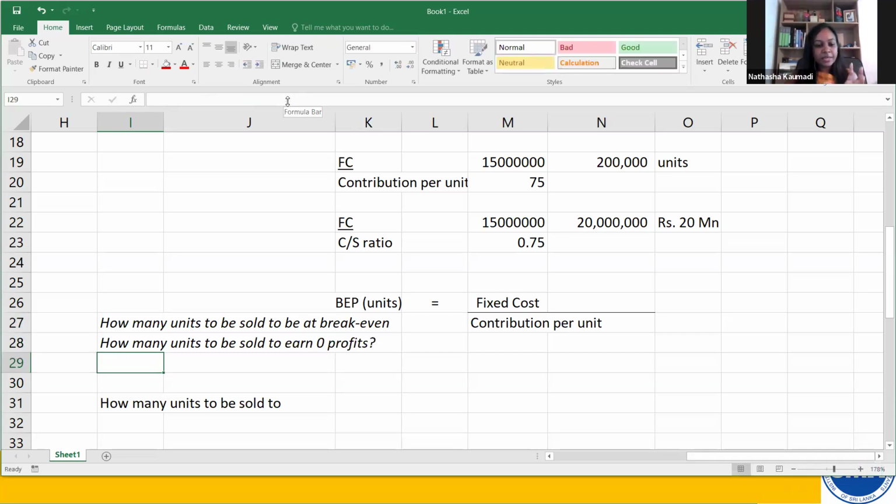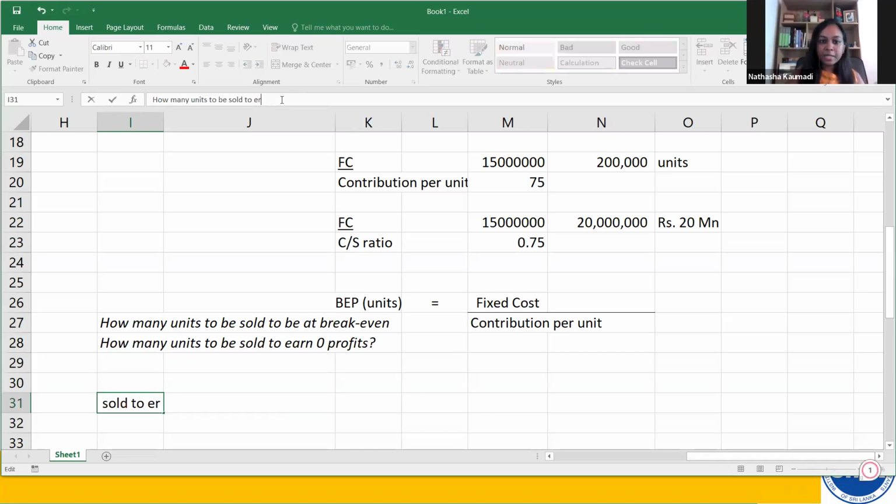The same question I can ask again: how many units to be sold to earn a target profit, let's say, of 1 million.